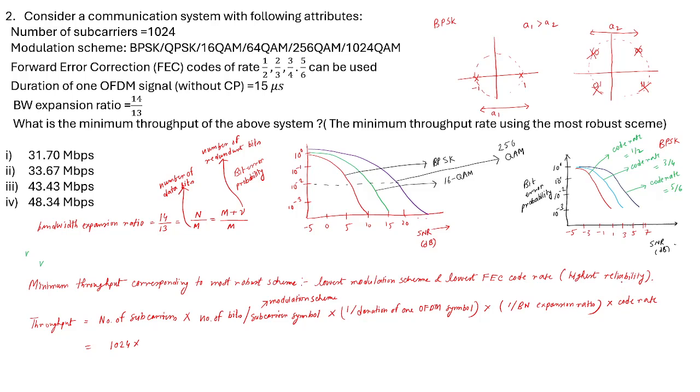For code rate of 1 by 2, out of every 2 bits, 1 bit is your data and 1 bit corresponds to redundancy. So only 50% of your bits are actually data bits. Since throughput corresponds to only your data bits, it is not concerned about the redundant bits you are sending, because they are not considered as information.